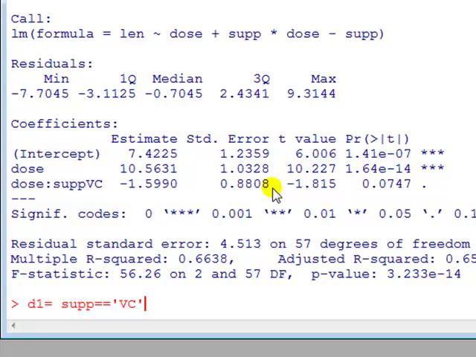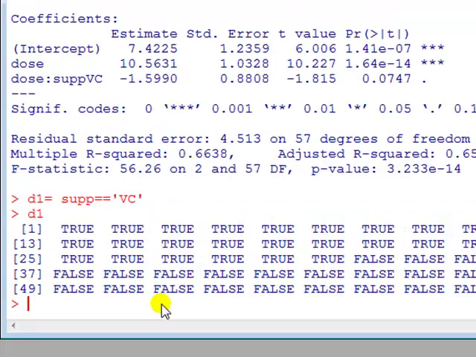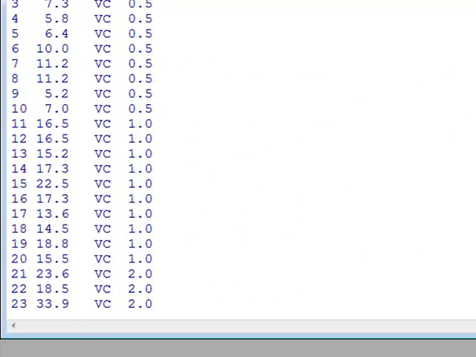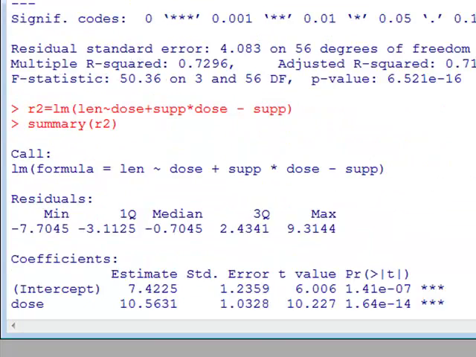So D1 will be true if this statement holds, otherwise it will be false. In other words, all I'm going to get is trues and falses. Type D1 in now, and see: true, true, true, true, true, all the way to the 30th observation, false otherwise. But we know the first 30 were VC there. So there you go.